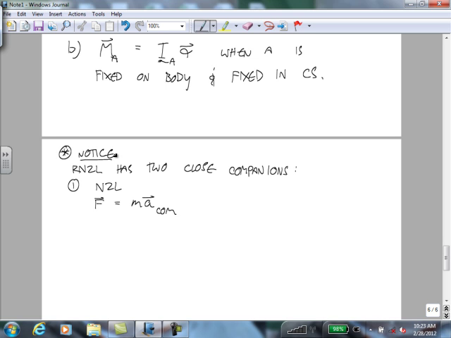The first one is Newton's second law. For rigid bodies, it says the total external force is equal to the mass of the body times the acceleration of the body's center of mass.